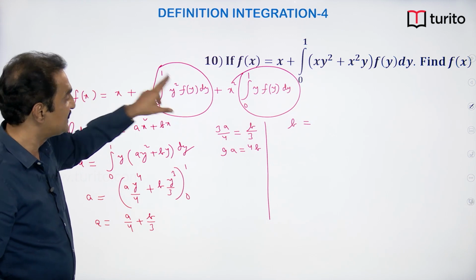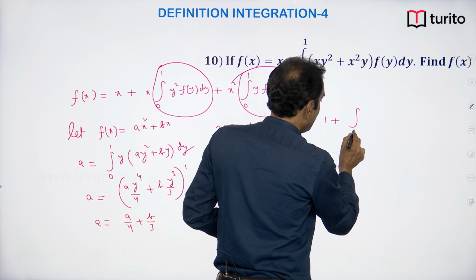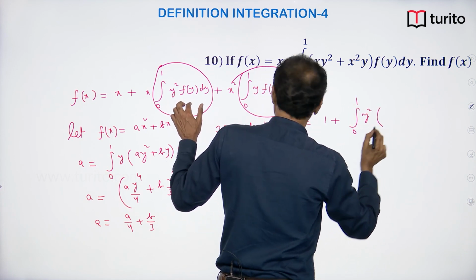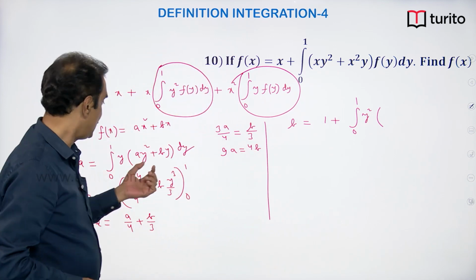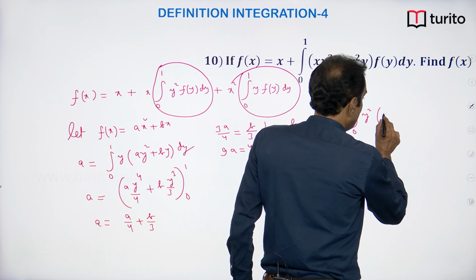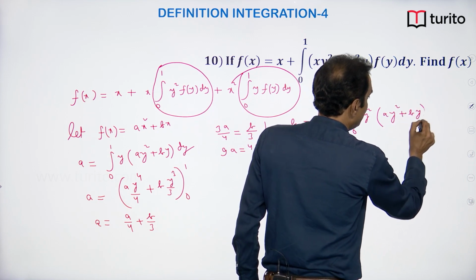1 plus this integral, 1 plus integral 0 to 1 y square into f of y. Again f of y is ay square plus by, ay square plus by dy.